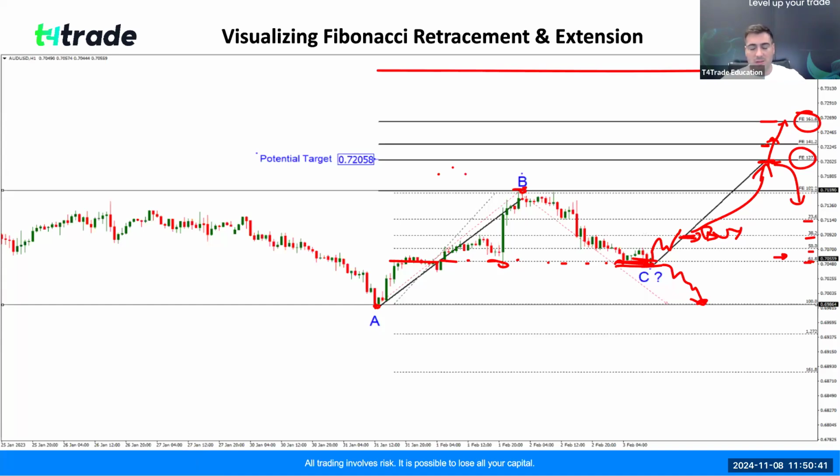This Fibonacci extension tool is not predicting the future. No, it's merely highlighting possible areas of support and resistance in this kind of scenario. We're using this only as a valid reference point. Okay, it's not written in stone that the Fibonacci extension tool is going to work.